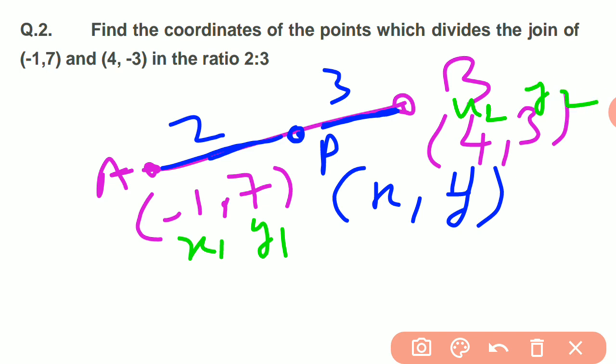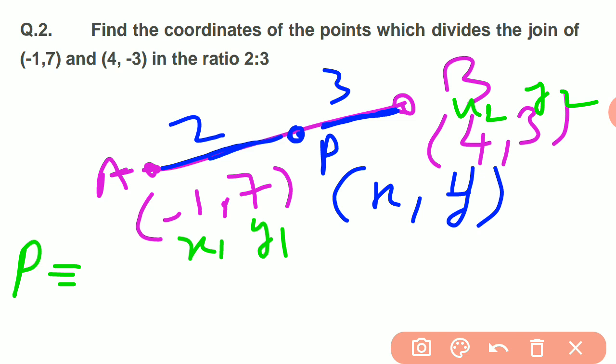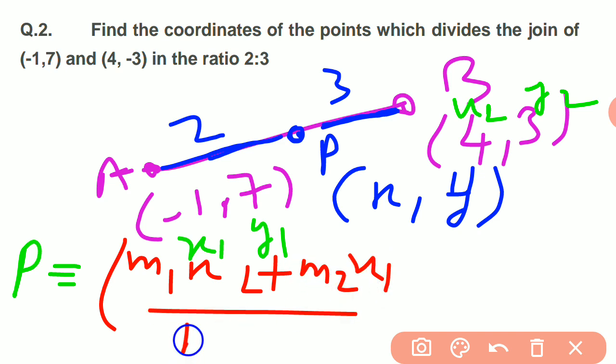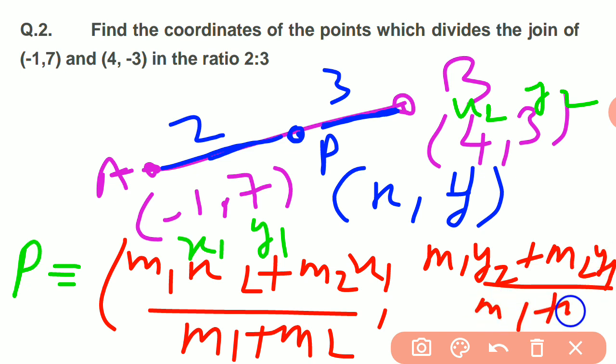We will put in the formula P equal to (m1x2 plus m2x1) upon (m1 plus m2), comma (m1y2 plus m2y1) upon (m1 plus m2). We will use this formula and put in the above values.